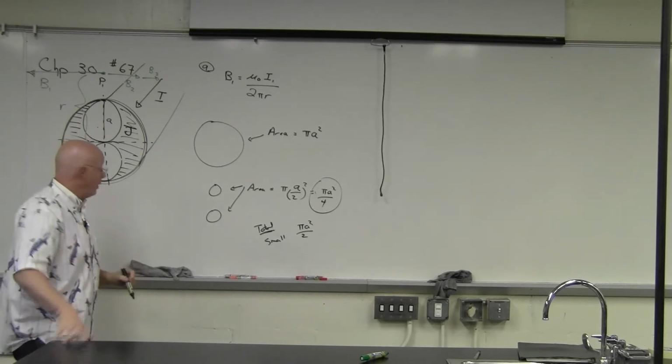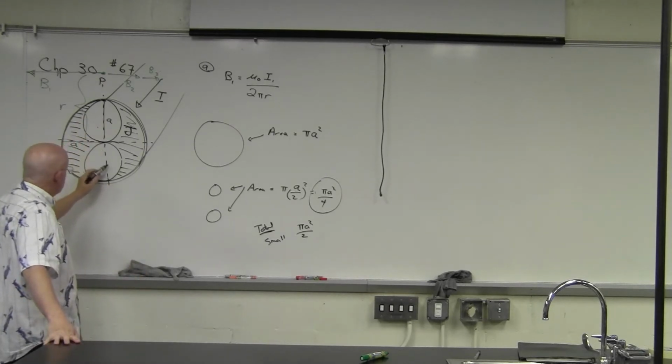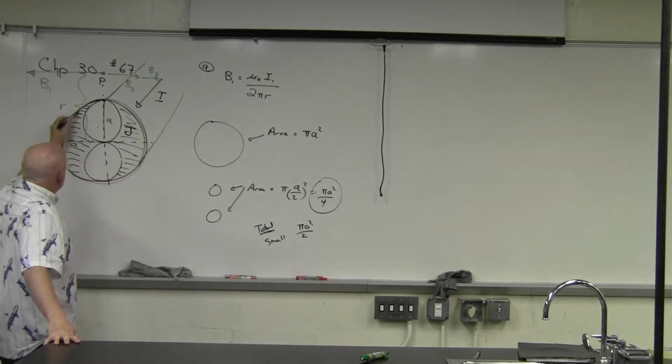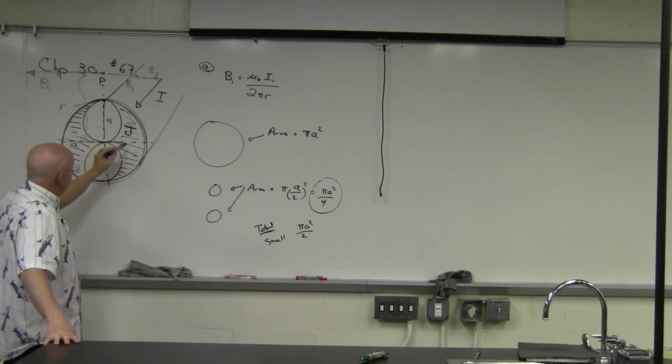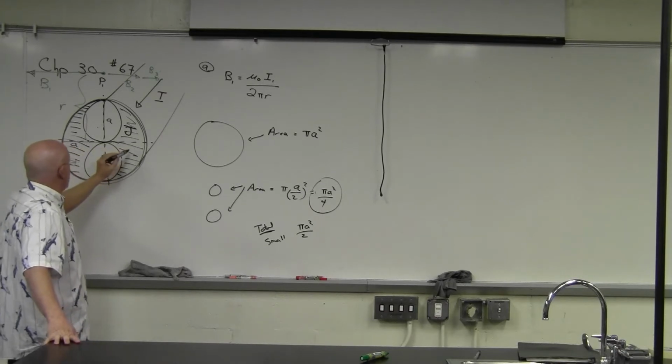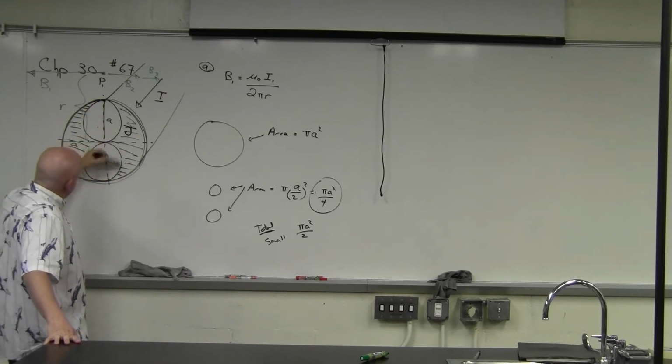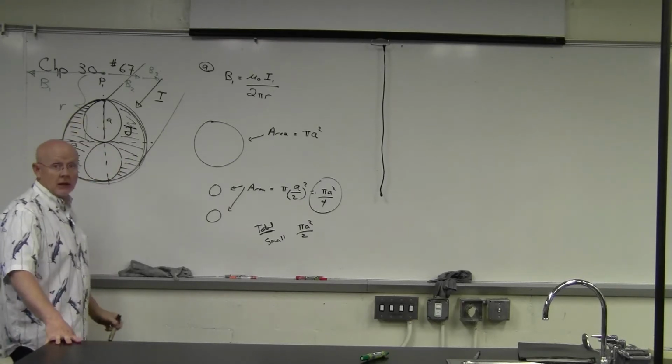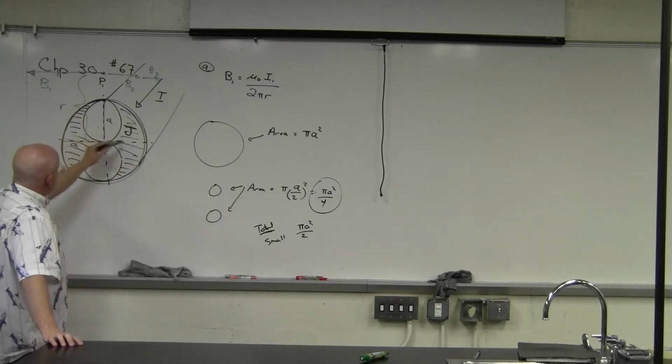Another 1/4 is this one. That means this side, that's solid, that has current, is another 1/4, and this side over here is the other 1/4. And so this weird looking shape actually has the same area as this hole. Okay? So this is divided into 4 equal areas.